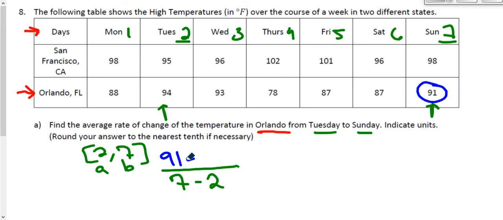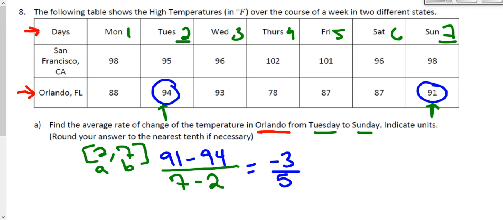And for f of 2, I look at the Orlando temperature, the output, on the second day, Tuesday, and that's 94. So 91 minus 94 over 7 minus 2. So 91 minus 94 is -3, and 7 minus 2 is 5. So as a fraction, it's negative 3 over 5.